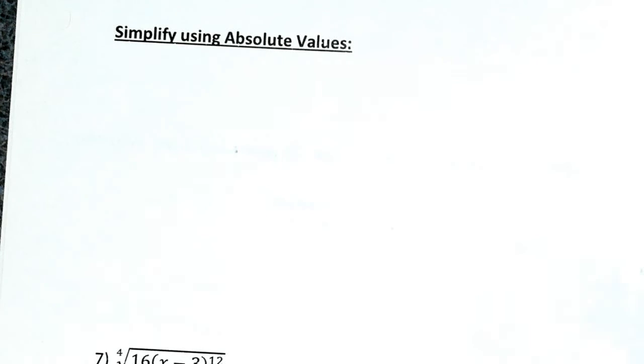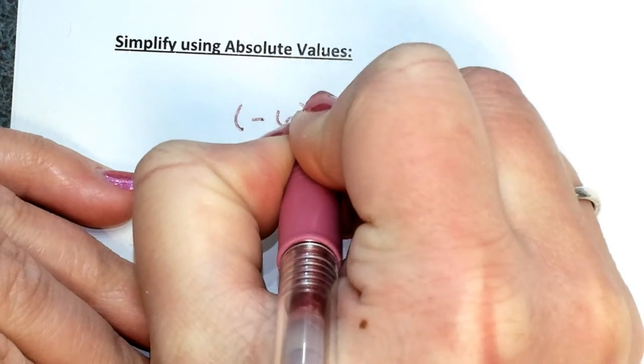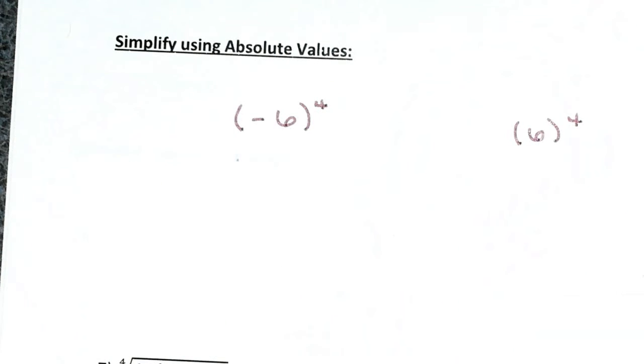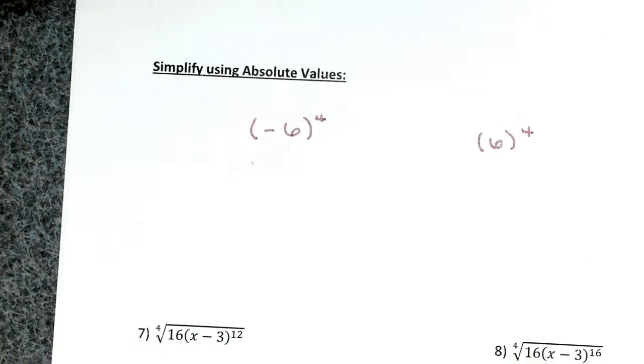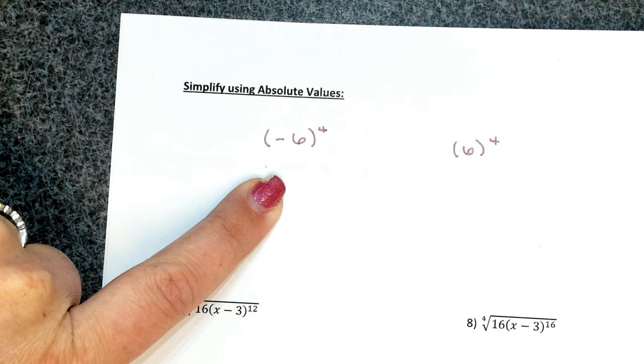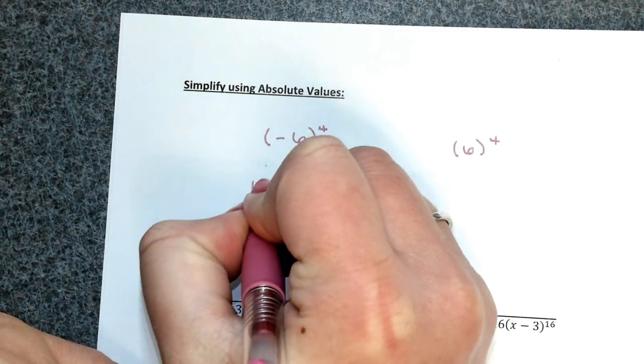So just to get you an idea of where this comes from, if I take negative 6 to the 4th power and I take 6 to the 4th power, what's the answer that I get right here? Negative 6 times negative 6 times negative 6 times negative 6. 1296?